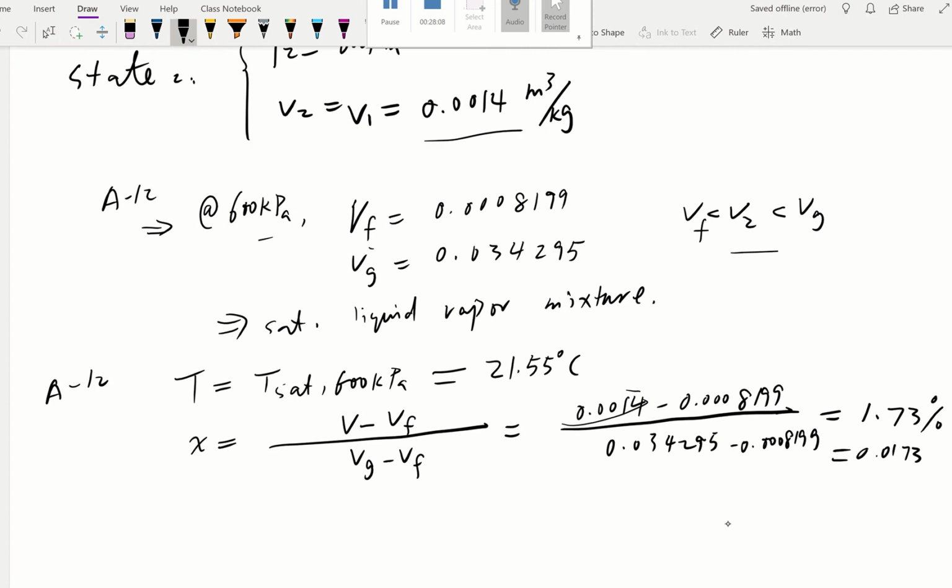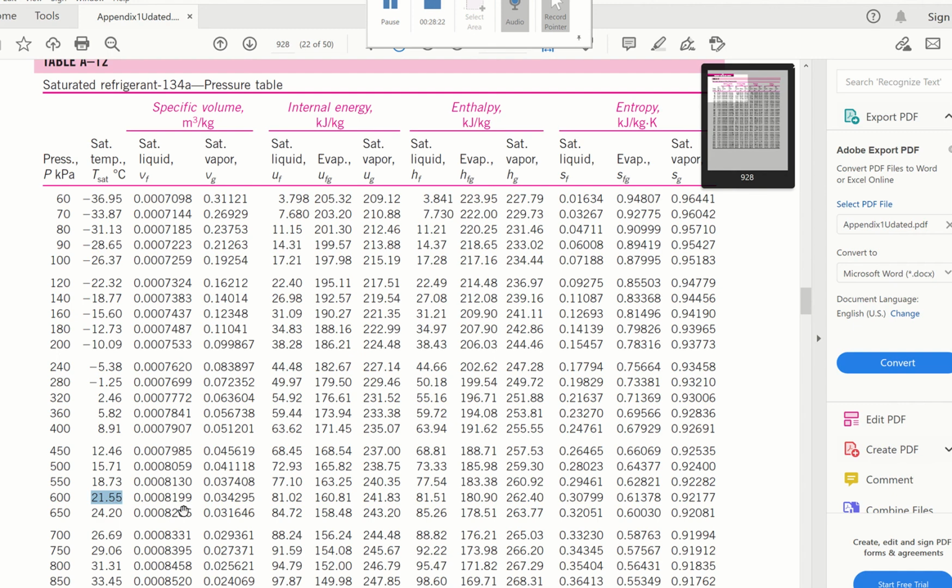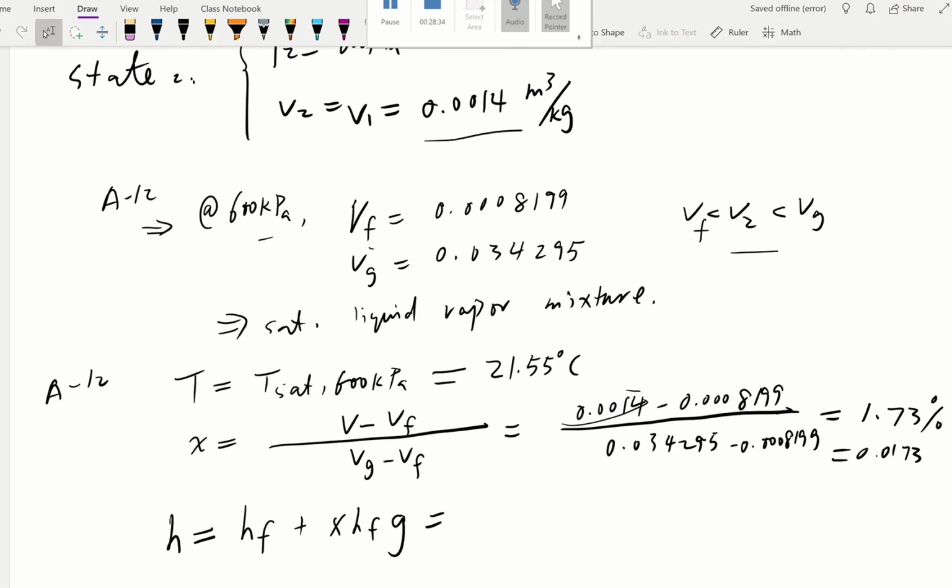So knowing that quality, we can go ahead and solve for specific enthalpy. Using this formula, we can find our HF. Going back to the table, we find HF value is 81.51. And then our quality, you calculate as 0.0173.